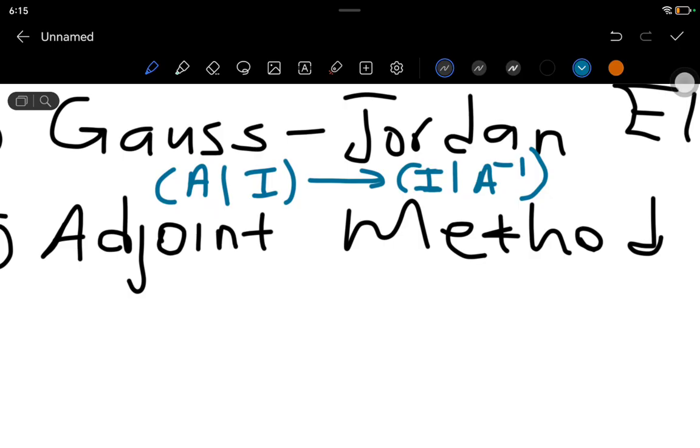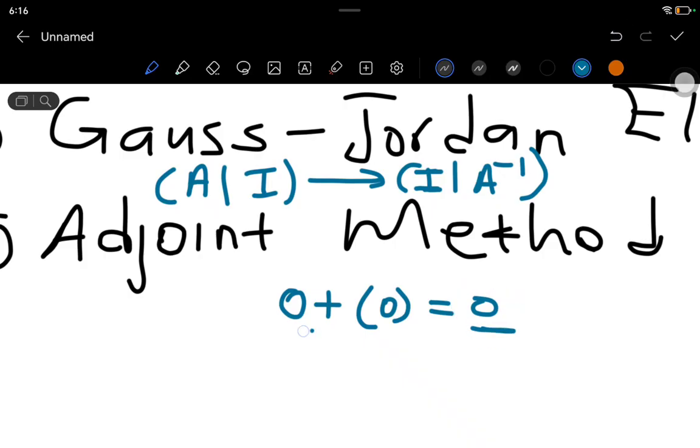In other words, the additive identity 0 has an additive inverse that is itself. The inverse of 0 should be itself. An inverse is something that when I add it to the original matrix, should give us 0.